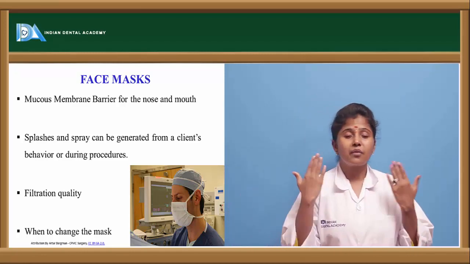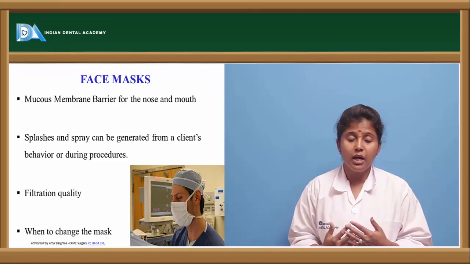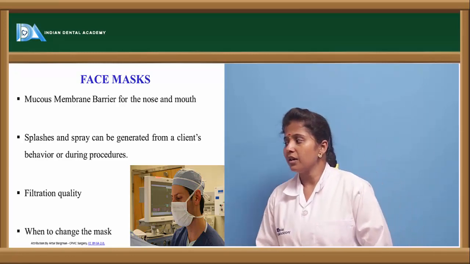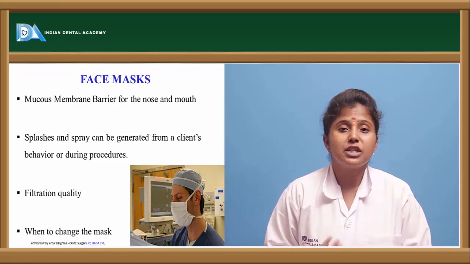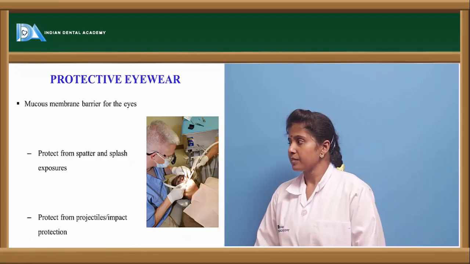In order to prevent that, we need to put on a face mask so that the infection won't enter our oral cavity. And we need to change the mask on a regular basis.